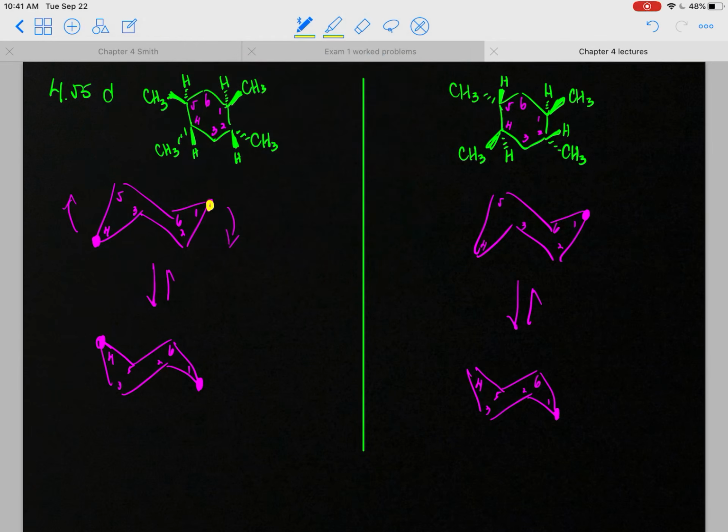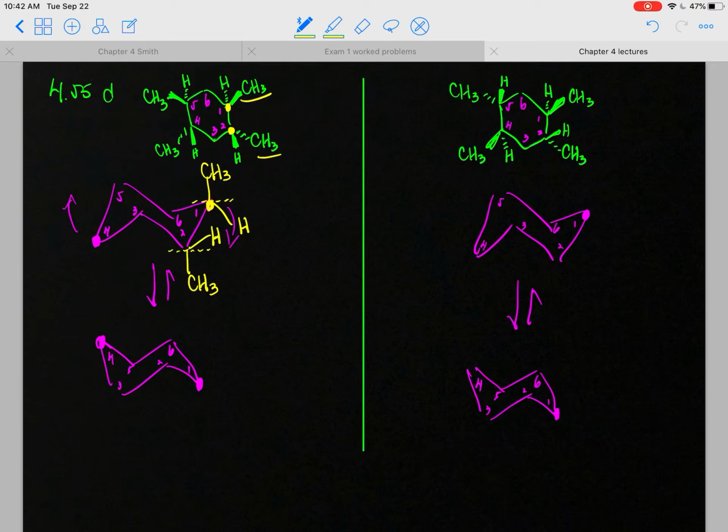So here's carbon 1. We'll switch over to a yellow color for our substituents. Carbon 1 has a methyl group up. So there's two bonds to this carbon in yellow. The up one is definitely here. Carbon 2, we have a methyl group down. Draw your two lines. This dotted line tells me which way is up and which way is down from the side view.